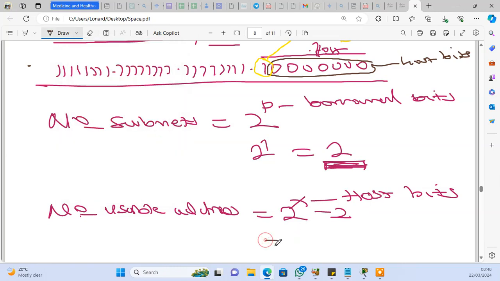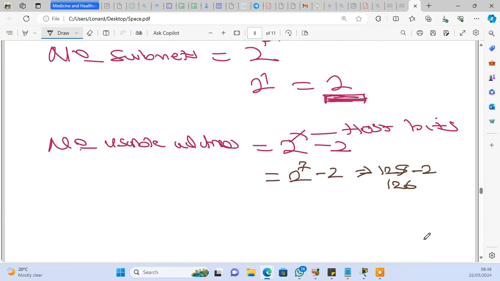So it will be 2 power 7, then minus 2. And this gives us 128. Then you subtract 2. And then you are left with 126 as the usable hosts.